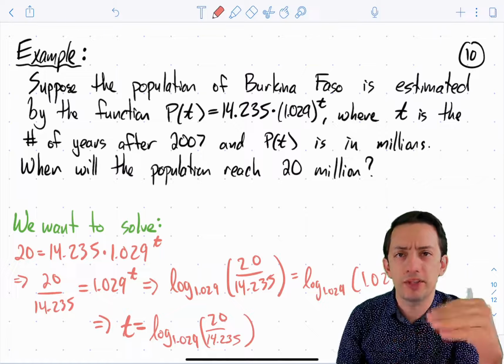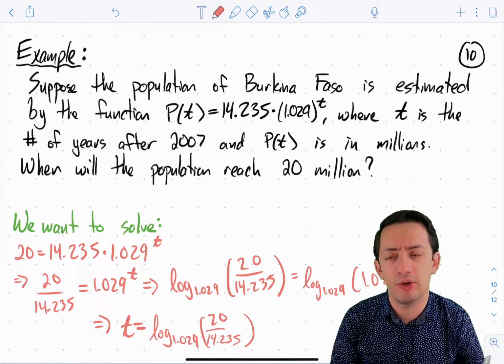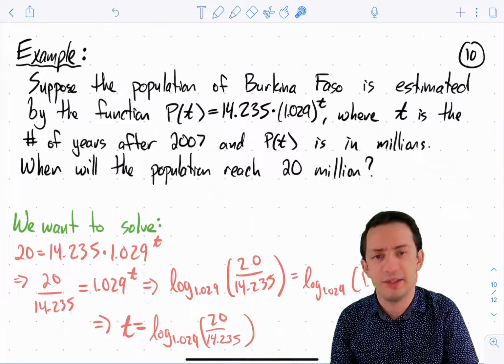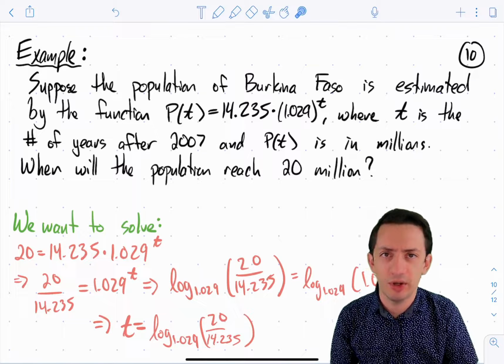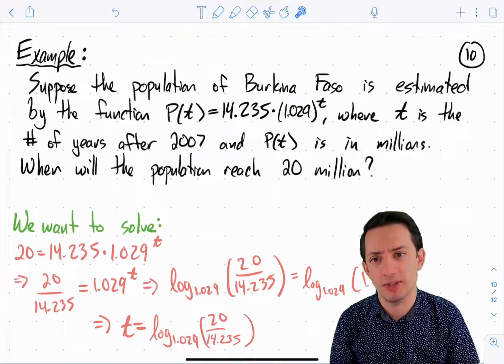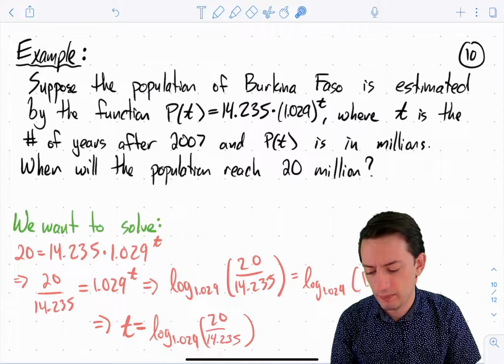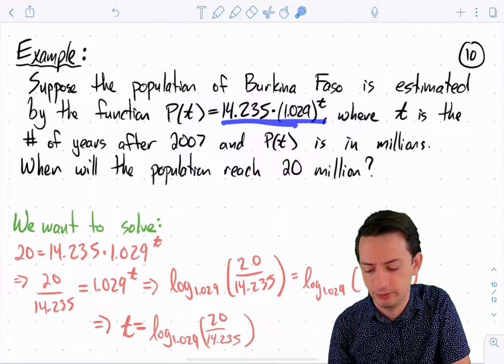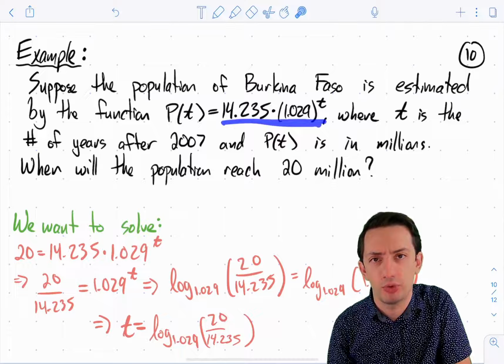Now, before we plug this into the calculator, let's just think for a minute about why this is the answer. We did all the algebra kind of not thinking about the problem, but if you think about the problem, this should make some sense because we know that we're talking about exponential growth, so the population will grow by some multiple every year.